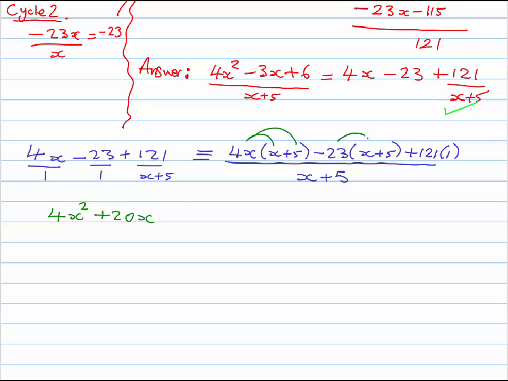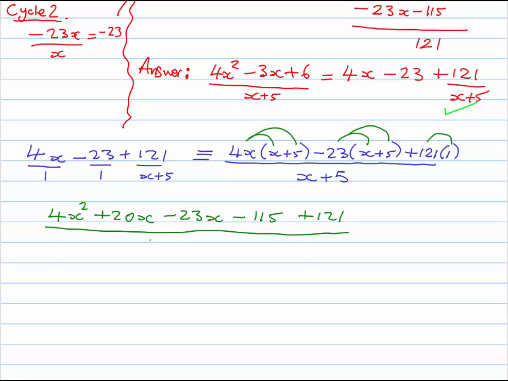Okay, now I'm looking for that times that, which is minus 23x. Then I'm doing that times that, minus 23 times 5 gives us minus 115, of course. And then, of course, 121 times 1, which gives you plus 121. And it all sits over x plus 5.